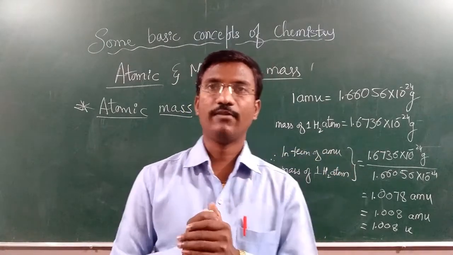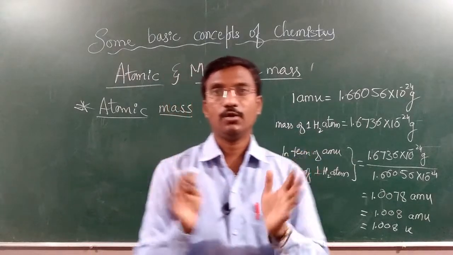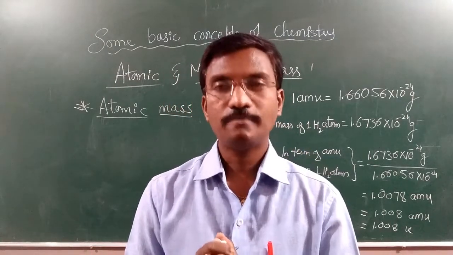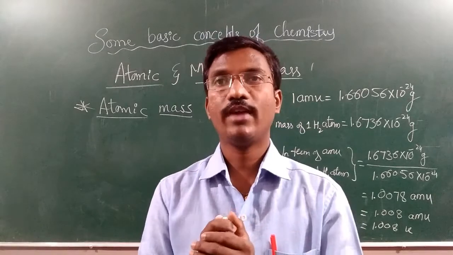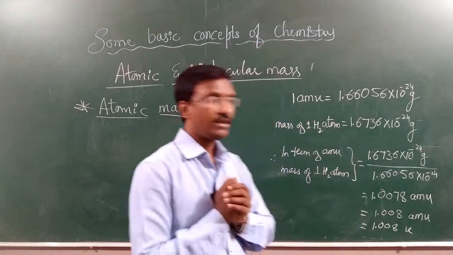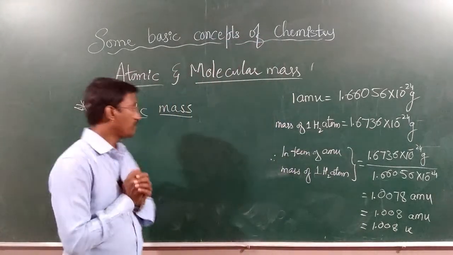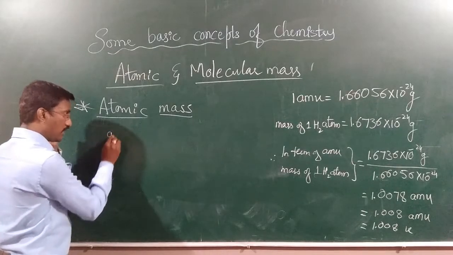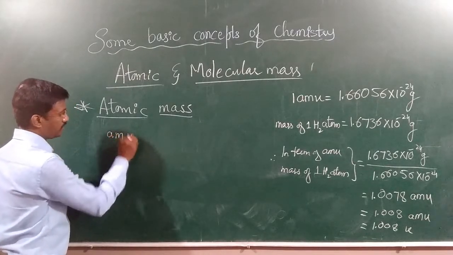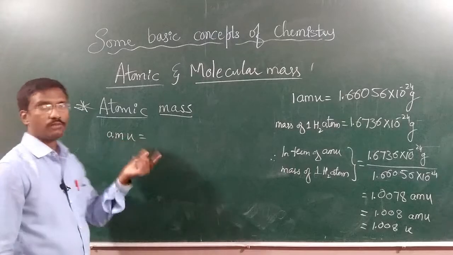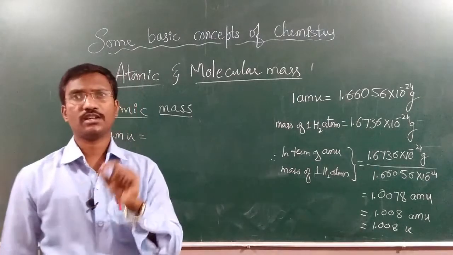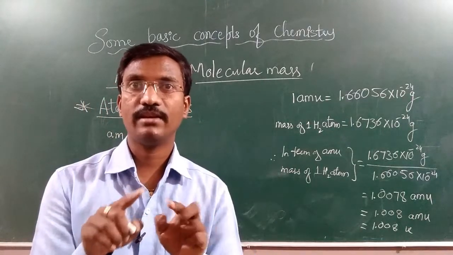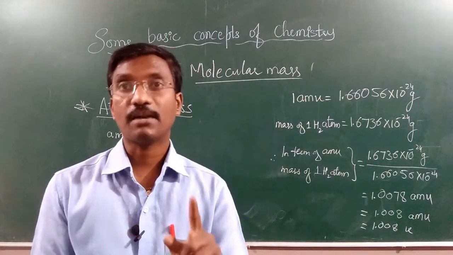Nowadays we have extraordinary instruments to measure. So nowadays we calculate atomic mass on the basis of AMU, atomic mass unit. What is atomic mass unit? We determine the mass of all the elements by comparing with the carbon atom.